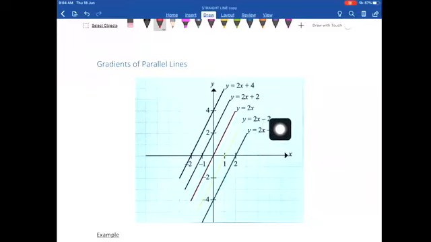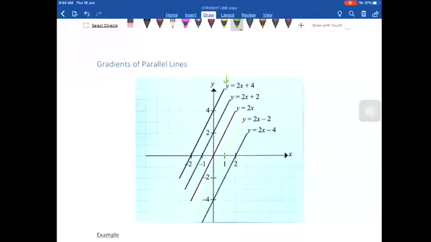So when you are observing this, kesimpulan ataupun conjecture that we can make is that when lines are parallel, dia punya y mesti sama dan coefficient x mesti sama. Okay, so two things.